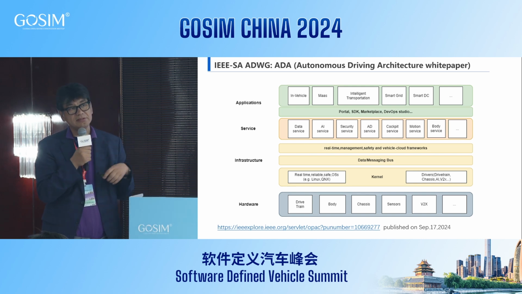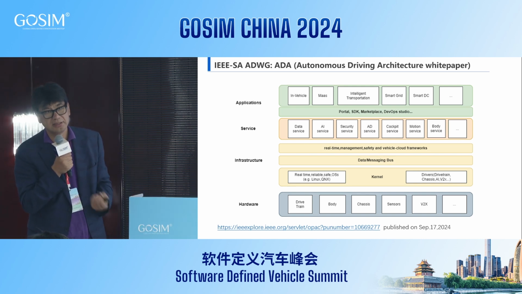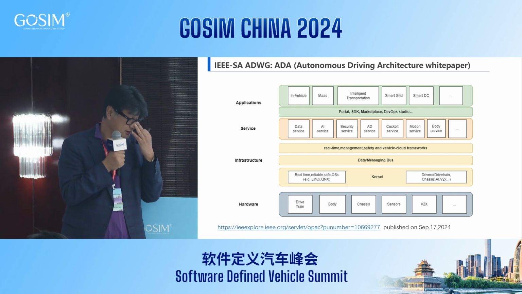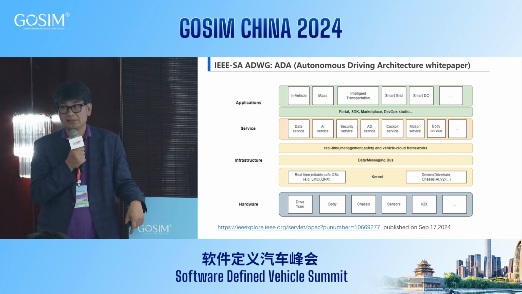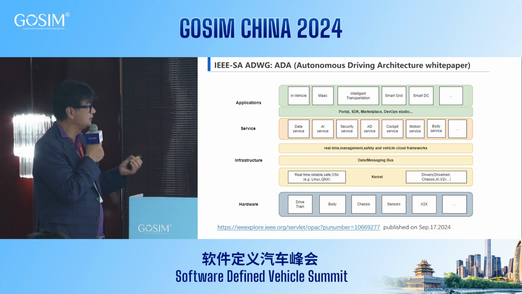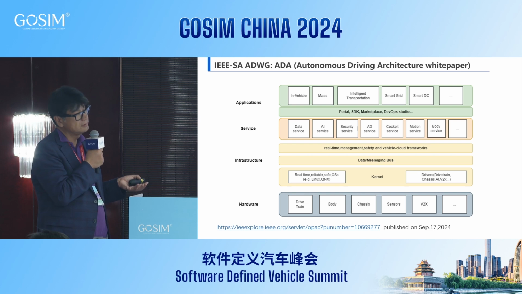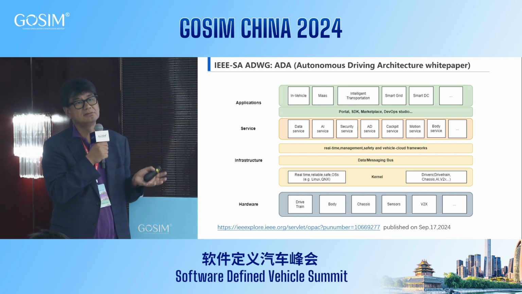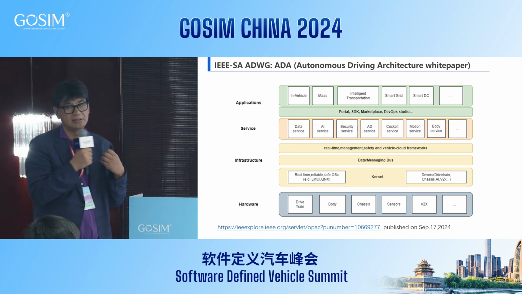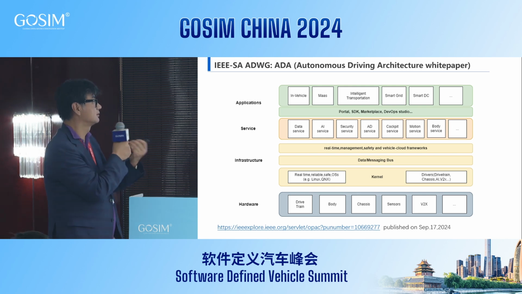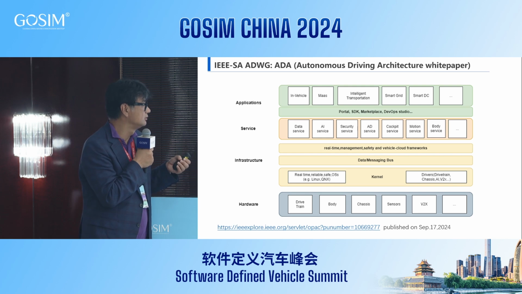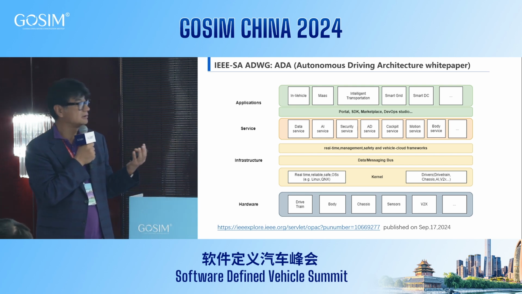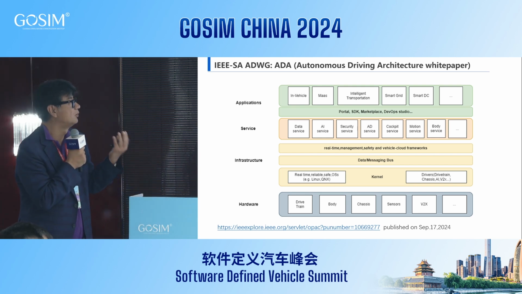I mean, you see the two parts. One is in-vehicle functionality, how the OEM and the user define the different AD functionality, and not only the AD, also other domains. And also the ecosystem, not only in-vehicle apps or functionality, also others, like I just mentioned for intelligent transportation, smart grid, smart DC, and more.